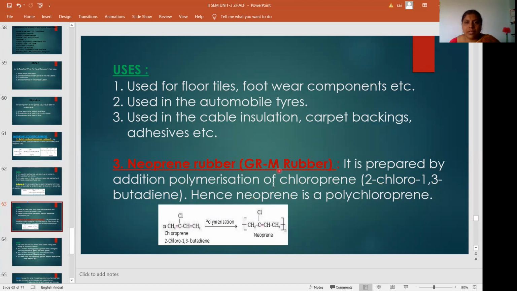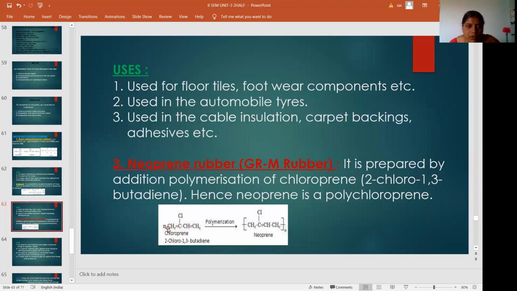So what is the monomer here? Chloroprene. Chloroprene is nothing but 2-chloro-1,3-butadiene, the chemical name. In the last class, butadiene means CH2=CH-CH=CH2. Here we remove one hydrogen and keep chlorine in the second position. So 2-chloro: first carbon, second carbon, third carbon, fourth carbon, and on the second carbon the chlorine group is there.